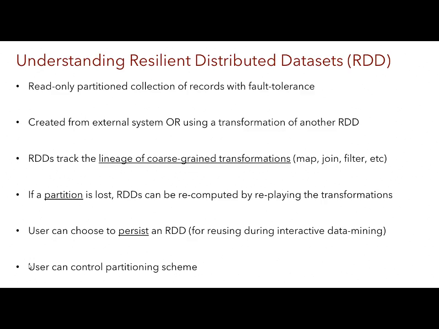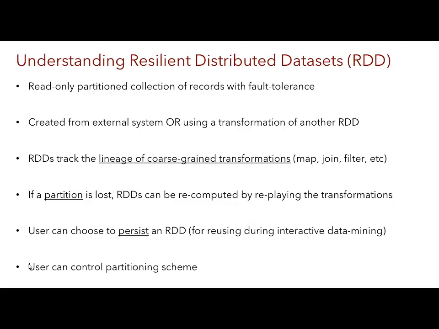So in Spark, an RDD is essentially this read-only partitioned collection of records. And the whole read-only immutable thing comes really from its functional underpinnings in Spark, is that essentially every RDD, once created, cannot be changed, right?